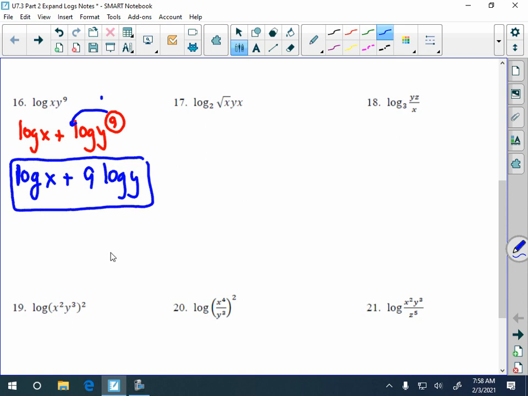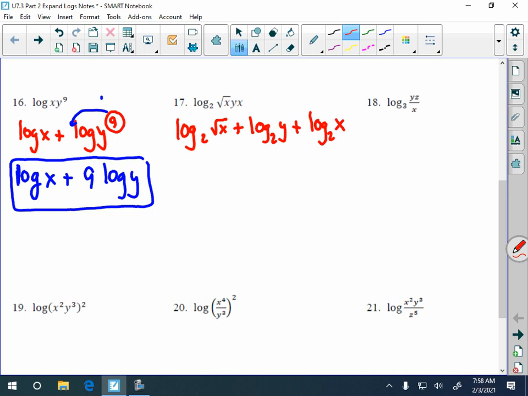All right, 17. Here we have log base 2 of square root x times y times x. So we have three things being multiplied together, so we're going to expand those into addition. So log base 2 of square root x plus log base 2 of y plus log base 2 of x.